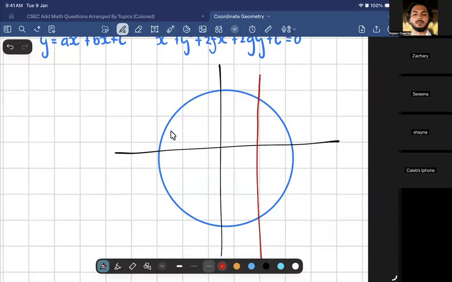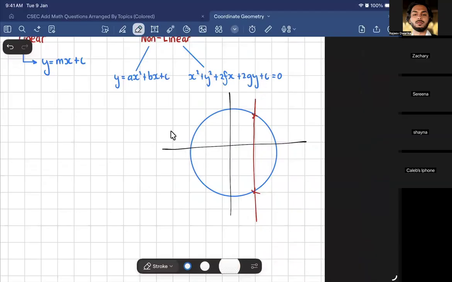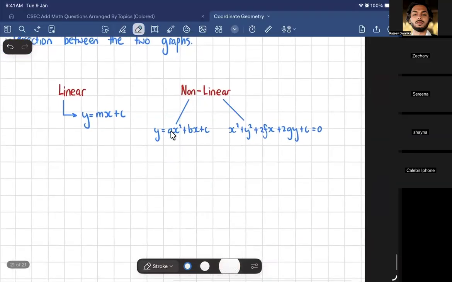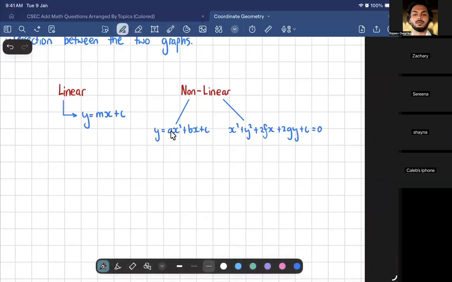The line cuts the graph at 2 points. So technically speaking, the equation of a circle is not a function, because a one-to-many relationship is not a function. Just clearing that up. But this is what you need to be familiar with.